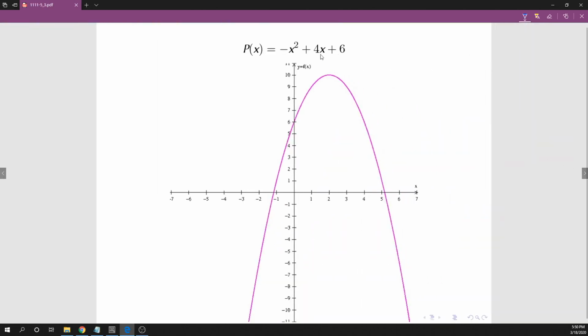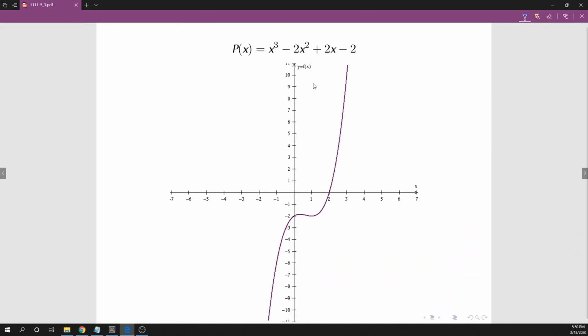And here's a quadratic. The graph of that is a parabola, which we've talked about previously. Here is a polynomial function. It's a degree 3 polynomial. And you can see it's got kind of this shape where it goes up and flattens out a little bit and then keeps going back up like that.